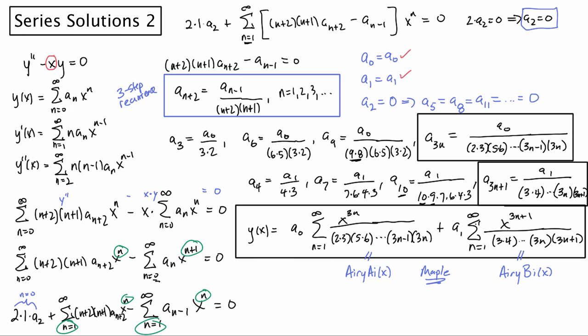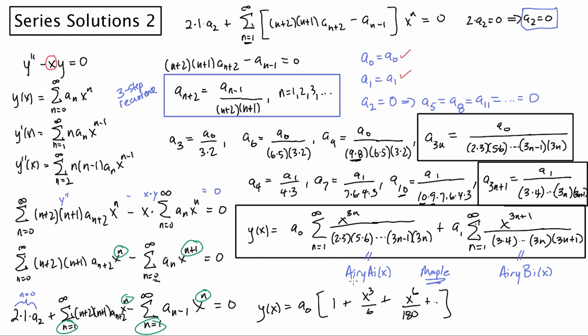A better way to write the final answer here, though, is just write out the first couple of terms of each expansion. So I'll do that now. If I look at the power series expansion here for the Airy Ai function, the first couple of terms are 1 plus x cubed over 6 plus x to the 6th over 180 plus, and it keeps going.